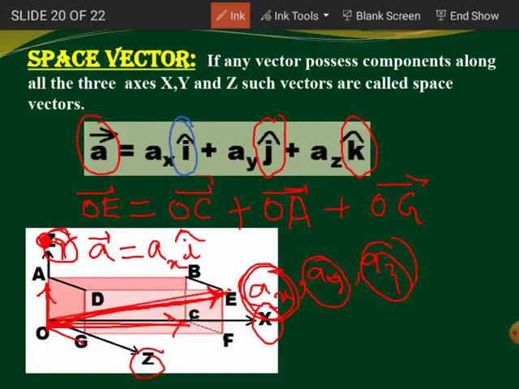So your OC vector will be equal to Ax i cap. Similar to that, OA will be equal to Ay j cap, and OG will be equal to Az k cap, like this. Let me tell you again in the next slide, in detail.